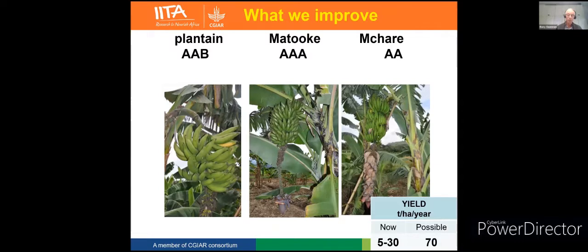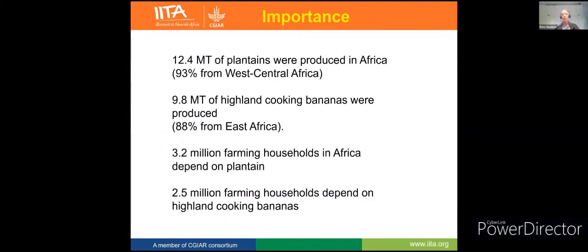If you see that the potential yield is 70 tons per hectare per year, and farmers reach only about 50, sometimes 30 tons, and then they need to replant after 2 cycles, then we see there's an issue. Another reason why we are breeding it is simply because those bananas are very important. For plantains, 12.4 million metric tons are being produced in Western Central Africa.